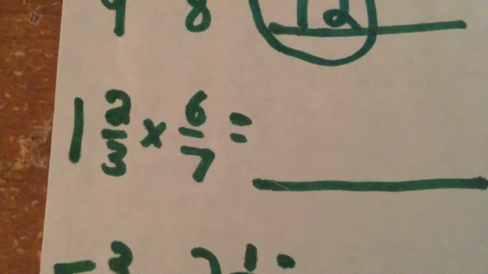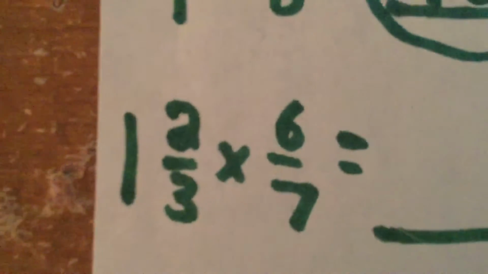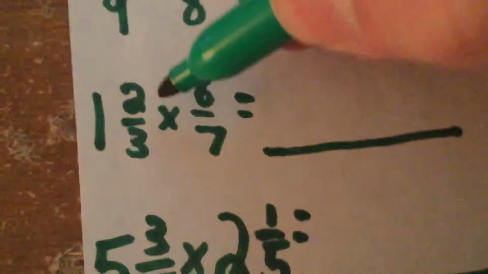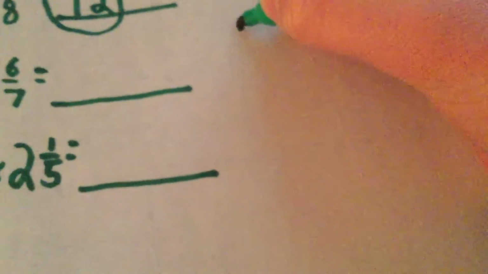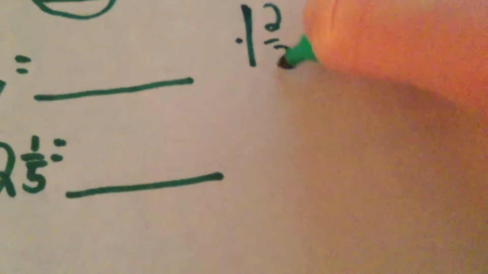Now our next example is 1 2/3 times 6/7. But look, we have a number in front of this fraction, so what do we do? We have to change this into an improper fraction. The way we do this is we write 1 2/3.